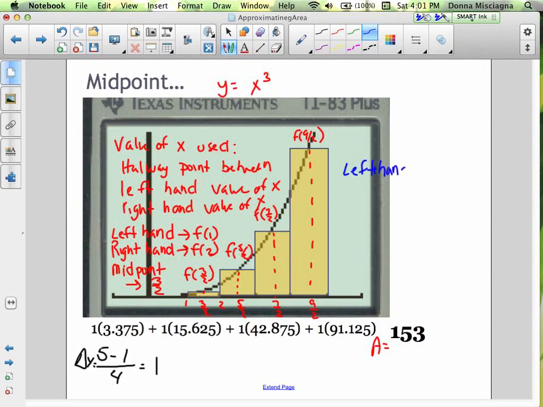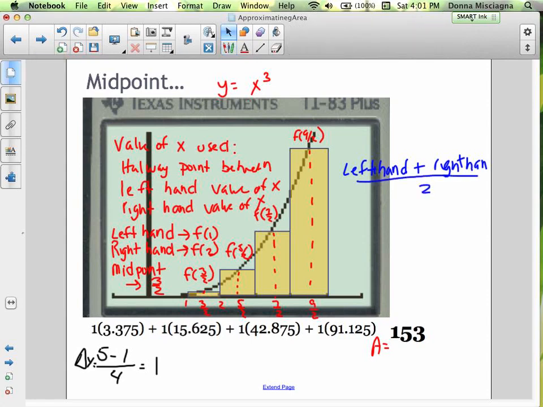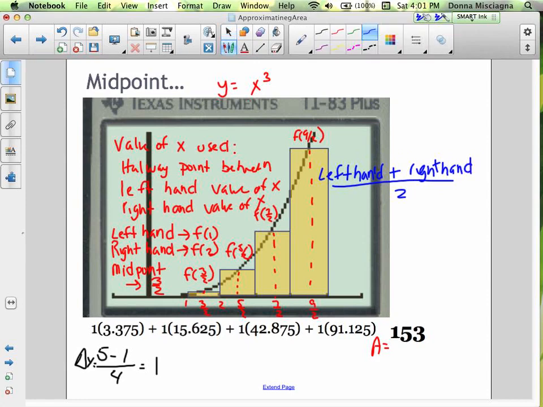The left hand plus the right hand, oops, no T in my word right hand, divided by 2 does not equal the midpoint. All right, it is not the average, right?